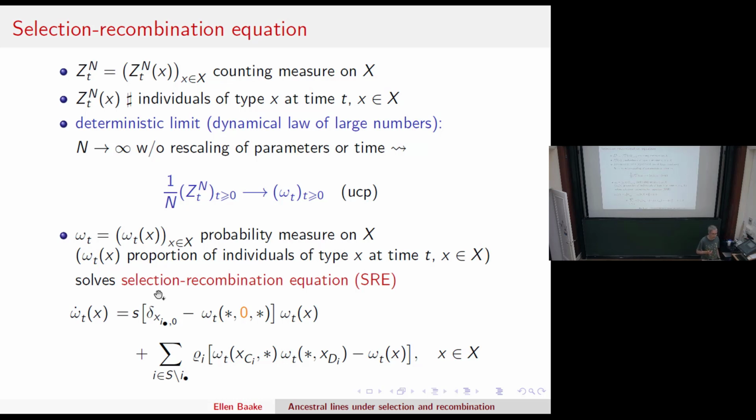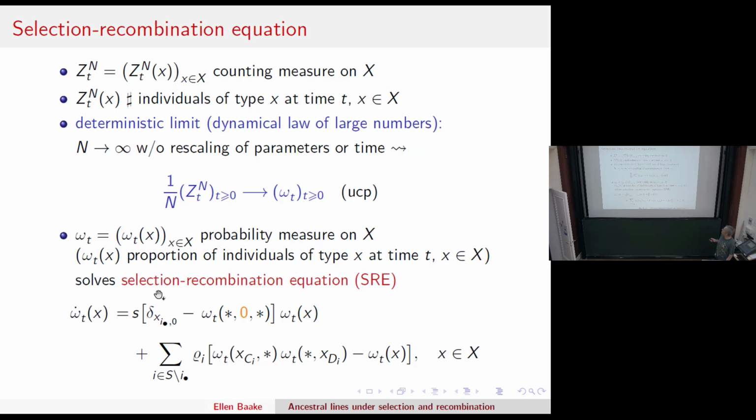To describe what's going on mathematically, we work with Z_t^N, that's a counting measure on the type space. Z_t^N of x is the number of individuals of type x at time t. And then we take the dynamical law of large numbers, that is, we let N go to infinity without rescaling any parameters of time. So that limit will be a deterministic one.